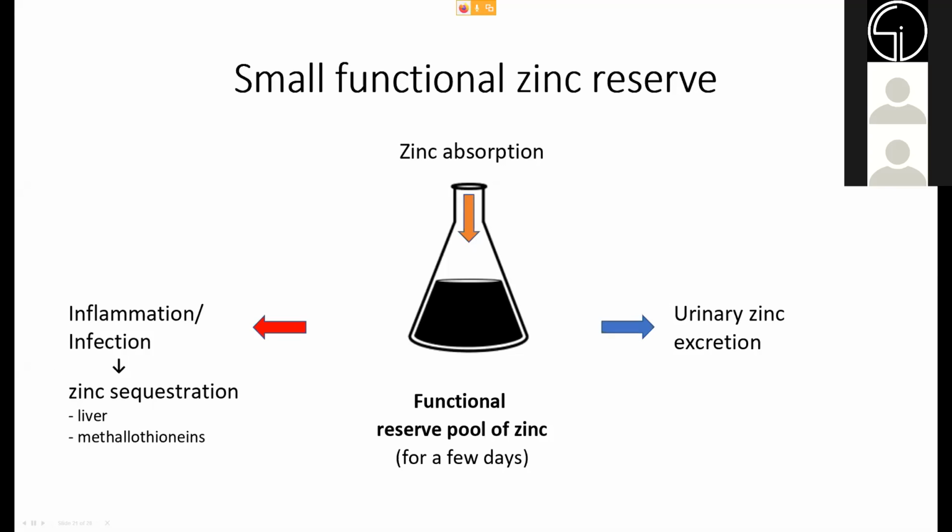But the functional reserve pool will be diminished during inflammation and infection because of transport to the liver and the binding of zinc to metallothioneins. And the functional pool could also be reduced by increased urinary excretion.